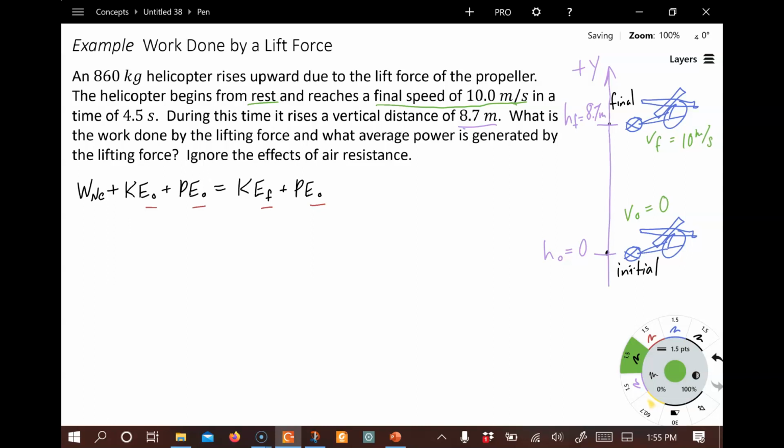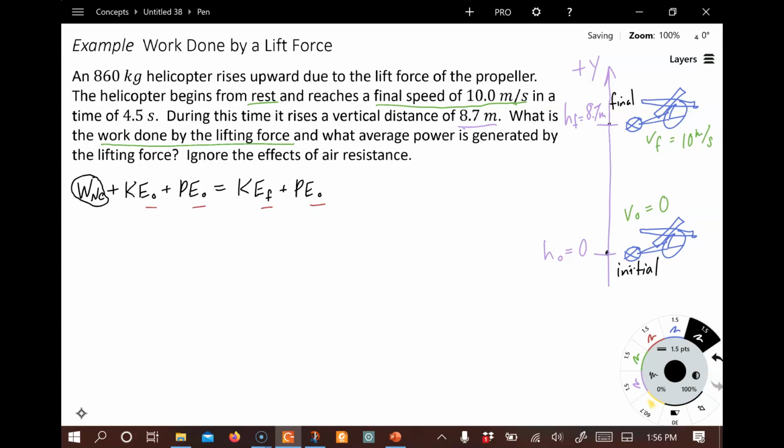We are asked in this question, in the initial part here, what is the work done by the lifting force? So the propulsive force of the propeller is going to do non-conservative work. We are solving for the work done by the non-conservative lifting force here.